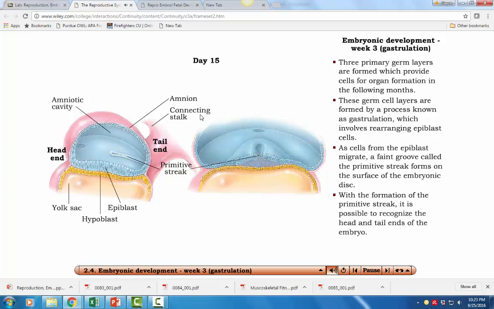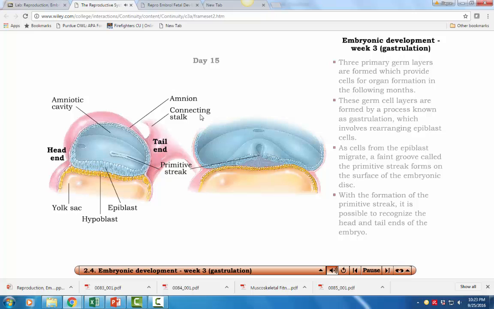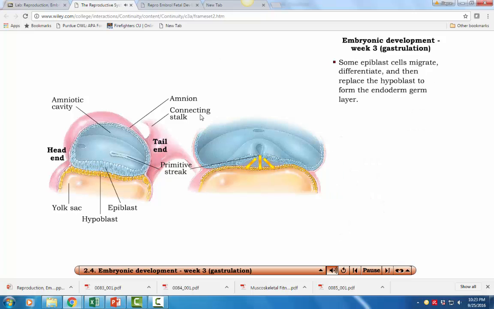With the formation of the primitive streak, it is possible to recognize the head and tail ends of the embryo. Some epiblast cells migrate, differentiate, and then replace the hypoblast to form the endoderm germ layer.